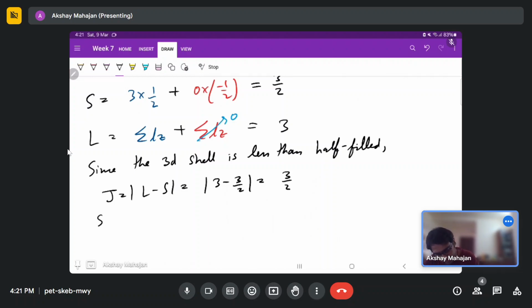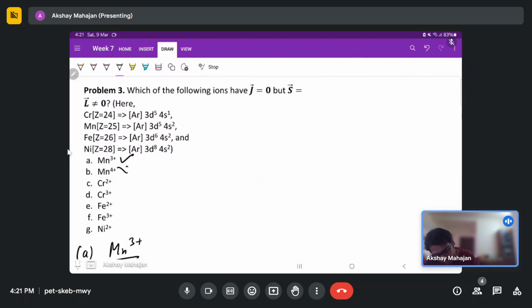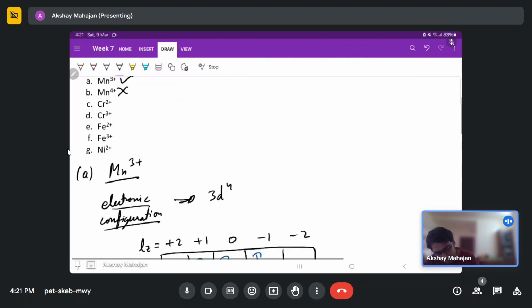So for Mn4 plus, J is not equals to 0. So this is also not our answer.